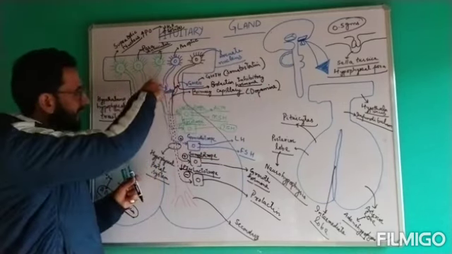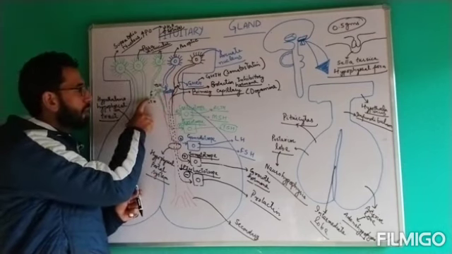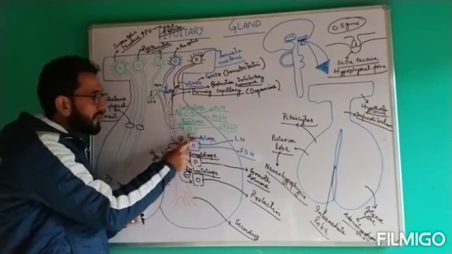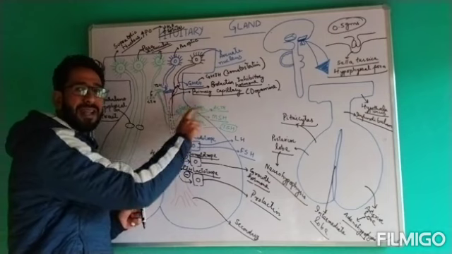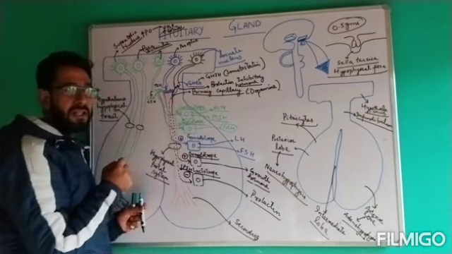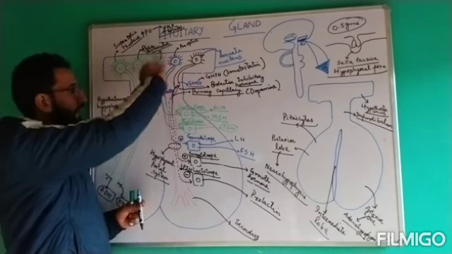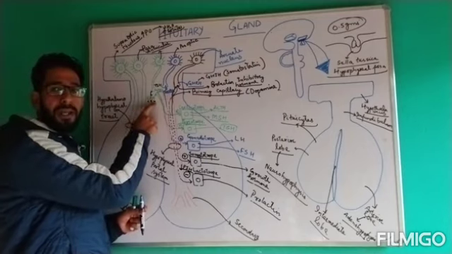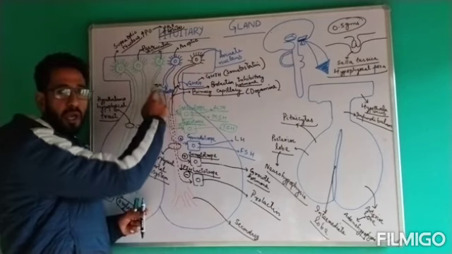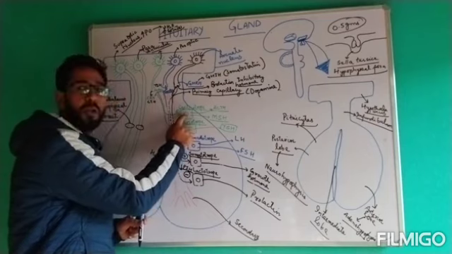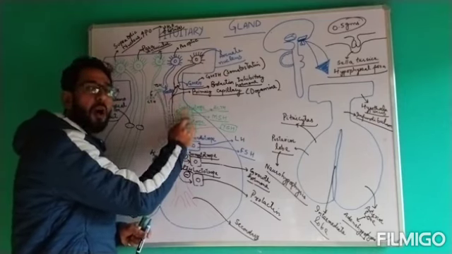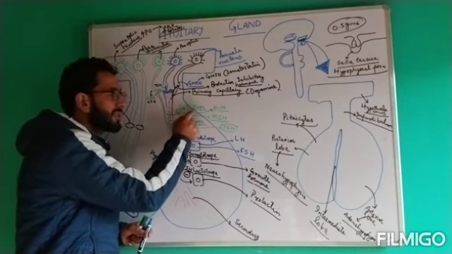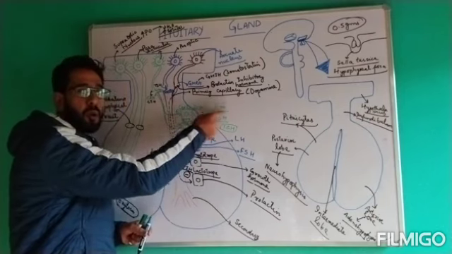And these releasing hormones, suppose corticotropin releasing hormone, will stimulate the corticotrope and it will secrete ACTH and MSH. But if the hypothalamus is releasing corticotropin inhibitory hormone, it will simply inhibit this corticotrope so that it will stop or decrease the secretion of adrenocorticotropic hormone.